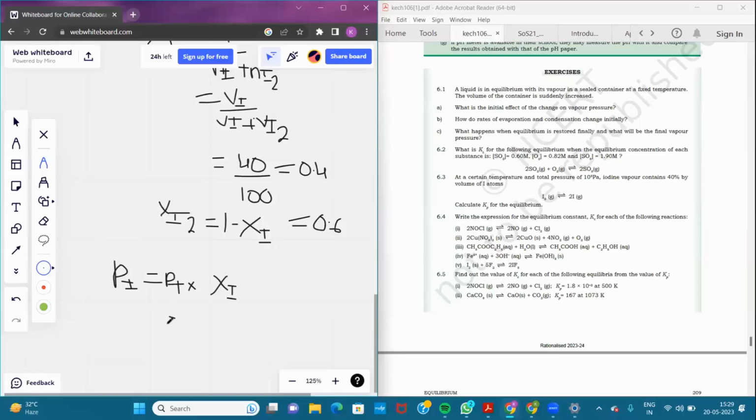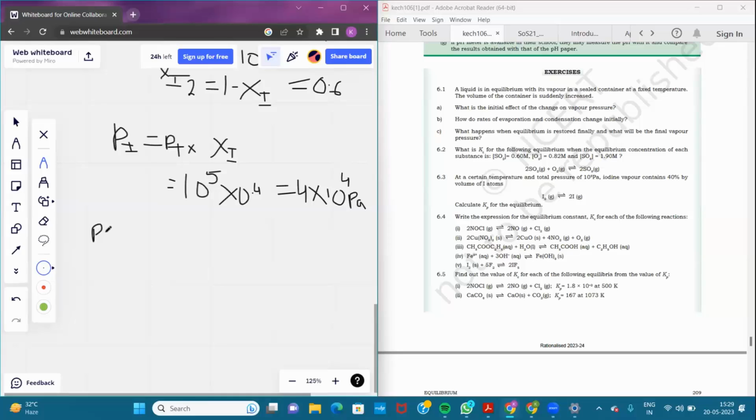So here total pressure is 10 power 5. Here mole fraction is 0.4 for iodine atoms. Therefore, the pressure would be 4 into 10 power 4 pascals.